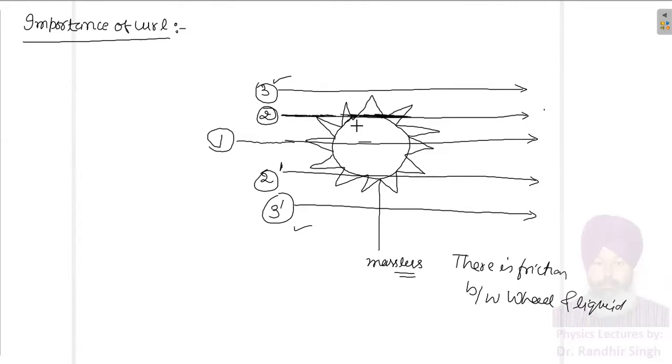As a result, the streamline will apply a tangential force at a point, let us say A, on the wheel, and because of that the wheel will tend to rotate in clockwise direction.